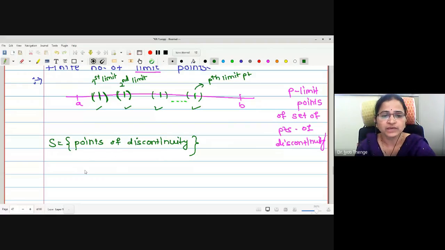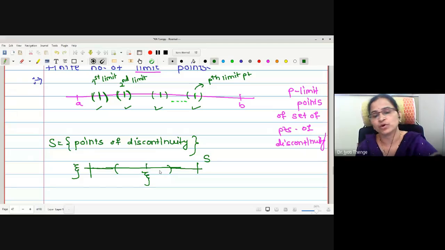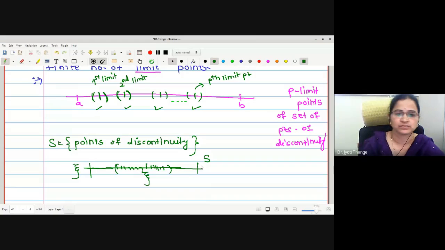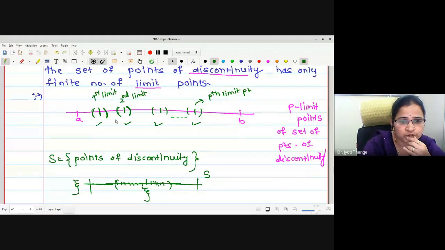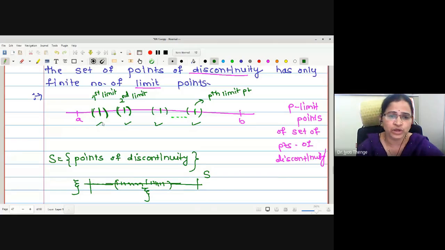Now, if this is the set of points of discontinuity and zeta is a limit point, every neighborhood of zeta is going to contain infinite points of the given set. This set has infinite points, no doubt. Now here how many limit points we have? P limit points. Therefore, every limit point is going to contain infinite points of discontinuity.